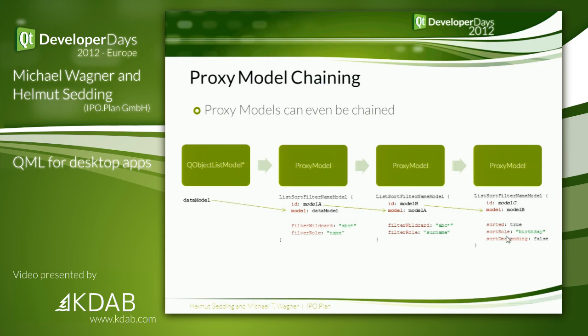So you can chain all your results and reduce the list and sort the list in several steps behind each other, and it is updated automatically. So if the first list changes, all the lists are recalculated, and you get the result. Quite handy. And this also does not require lots of code. It's quite quickly doable in QML.